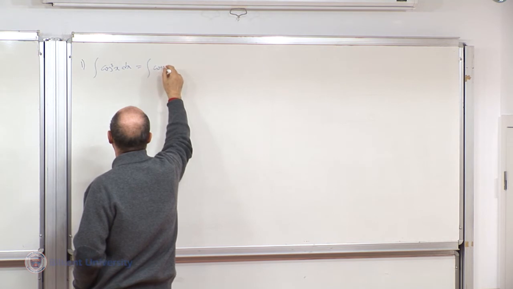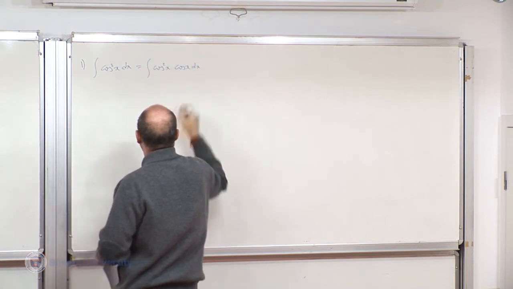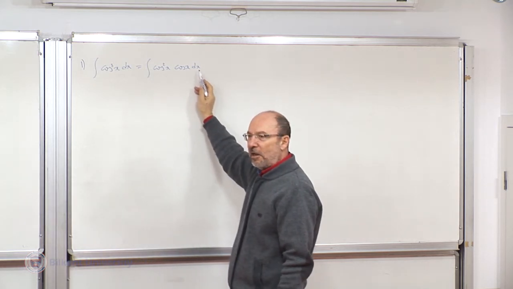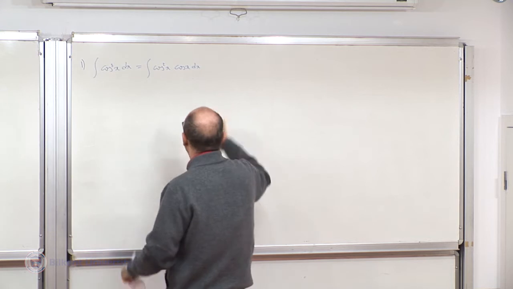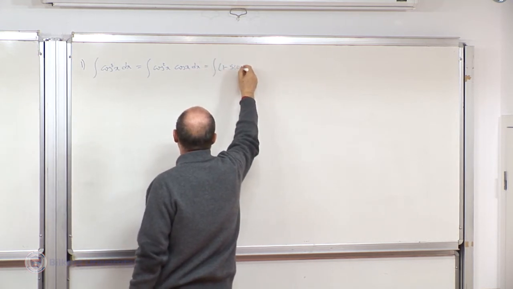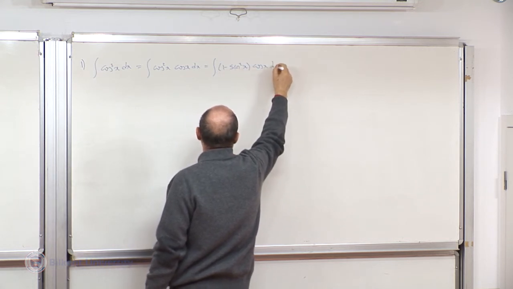So you have cosine square x times cosine x dx. Then you write this in terms of sine. This is d sine. Okay, so we are done. So we write this as the integral of 1 minus sine square x, times cosine x dx.